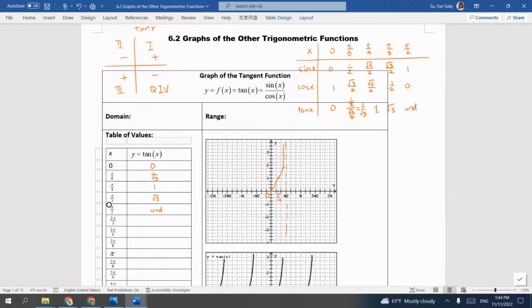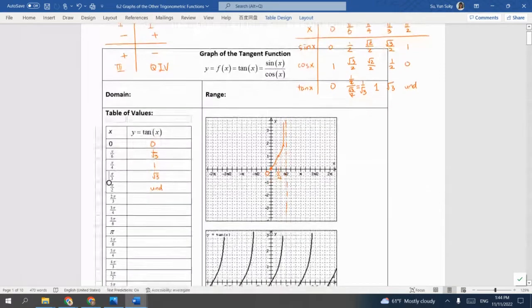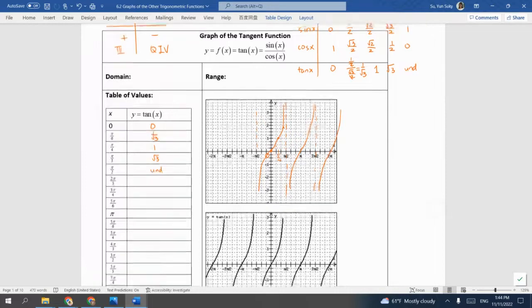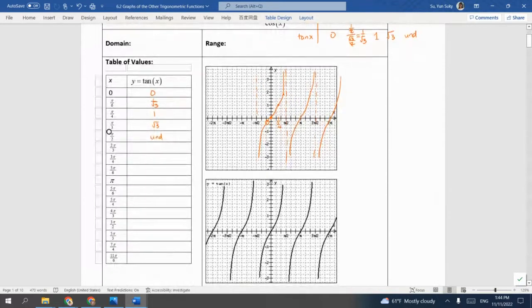So this is quadrant 1. In quadrant 2, our tangent value is going to be negative. In quadrant 3, our tangent value is positive. And in quadrant 4, the tangent value is negative. So therefore, you end up getting a graph like that.